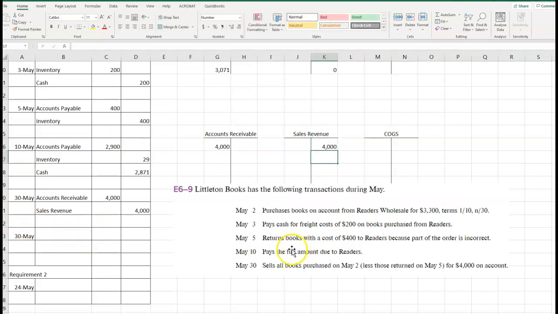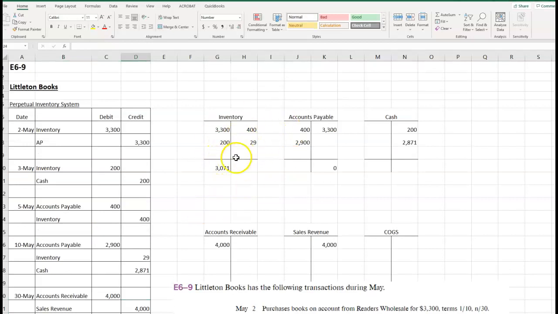The second part of this entry when we sell the books is to record the cost of goods sold, because we're in a perpetual inventory system. So we always calculate our cost of goods sold at the time of sale. Our cost of goods sold will be debited, and our inventory will be credited. For how much? Well, how much do we have in there? We sold it all. $3,300 plus $200 minus $400 minus $29.